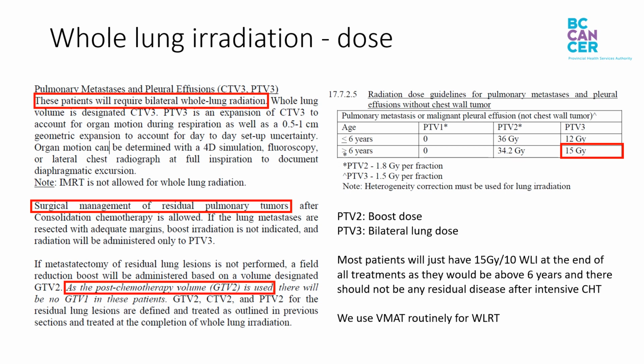So most often, I think what we will encounter is patients who are greater than 6 years old who may have lung mets, but after all cycles of chemotherapy have no residual disease, in which case we can usually get away with 15 gray in 10 fractions of whole lung irradiation after all cycles of chemotherapy.